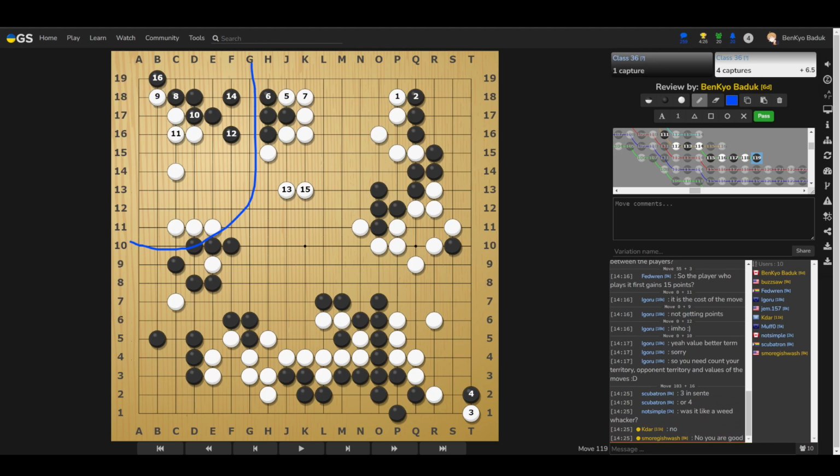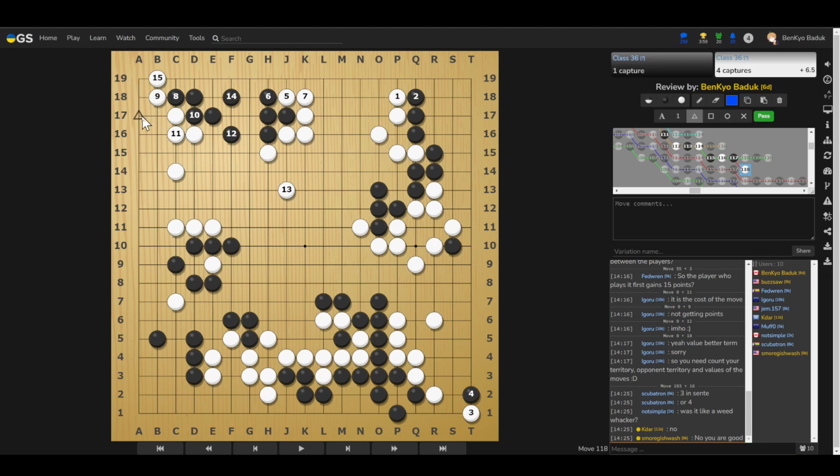Yeah, so the answer is 4 actually. So white's going to go here locally, right? And we know that at the end of the game, white's going to have to fill in at B17, right? So white's going to have to fill in here later. Compared to white playing first, which would be like here, this would have been 4 points, right?